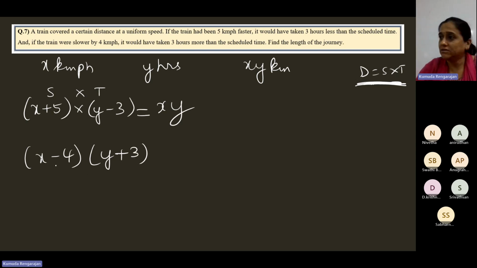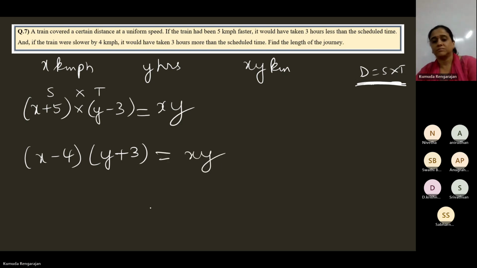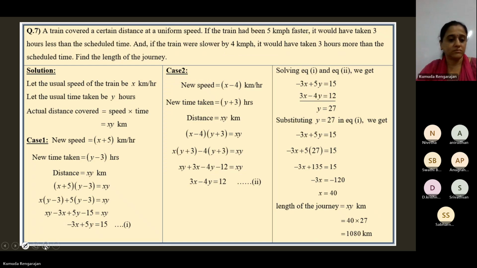This is the new speed, x minus 4. This is the new time, y plus 3. So new speed into new time is equal to distance, xy. So xy will get cancelled on both the sides.